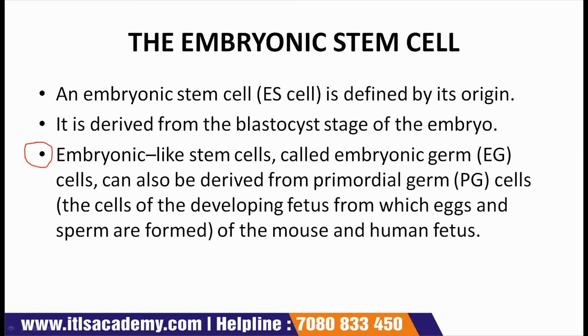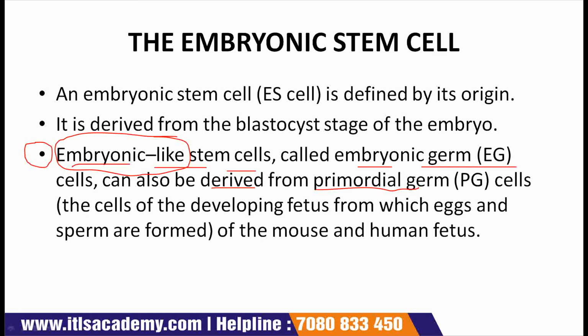Next point, embryonic like stem cell. Remember, this is embryonic like, not embryonic. So embryonic like stem cells, called embryonic germ cells, can also be derived from primordial germ cells.